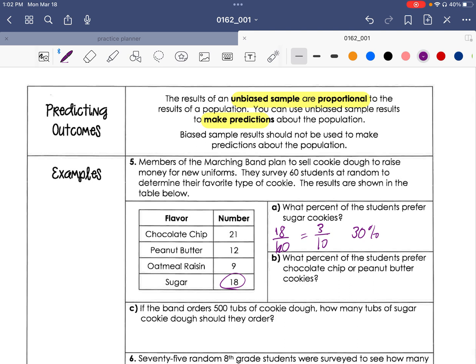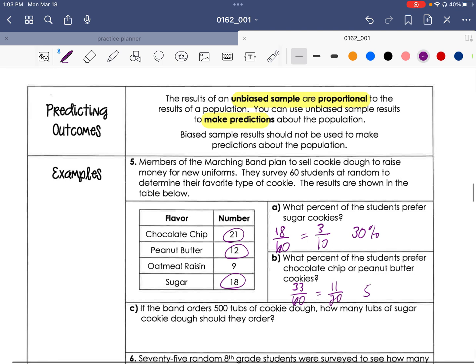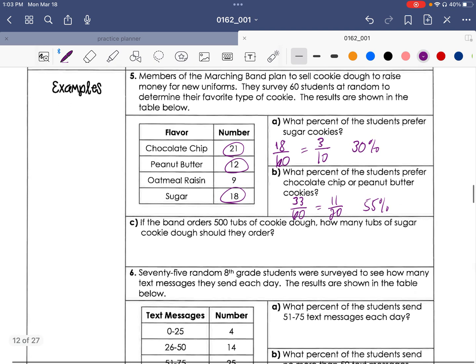What percent of the students prefer chocolate chip or peanut butter? So in this one, we're going to add chocolate chip and peanut butter together. So that will give me 33 out of 60, which is equal to 11 out of 20, which is 55%. Okay, we're going to take a few more questions here.